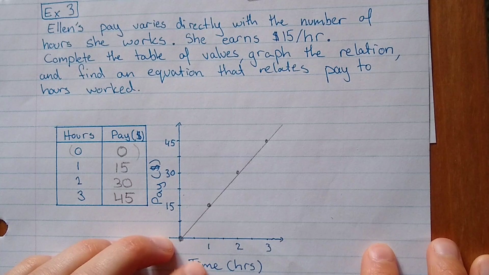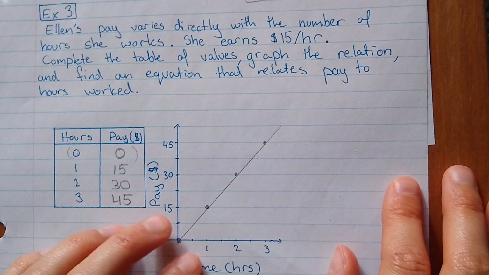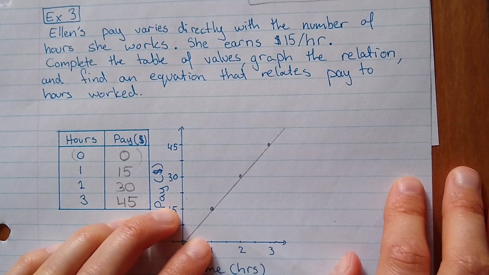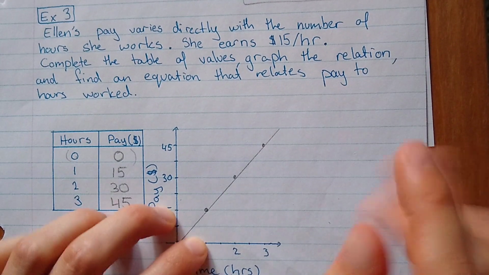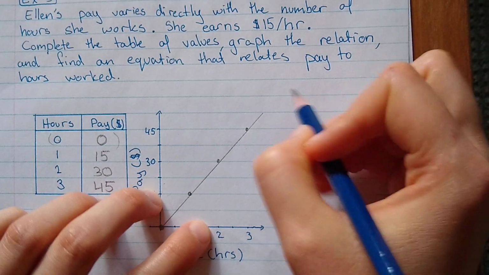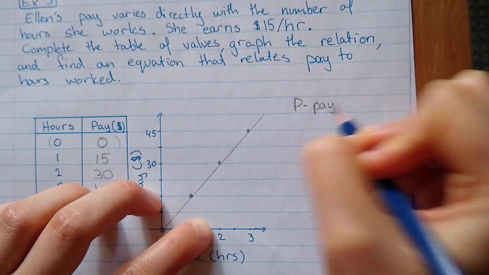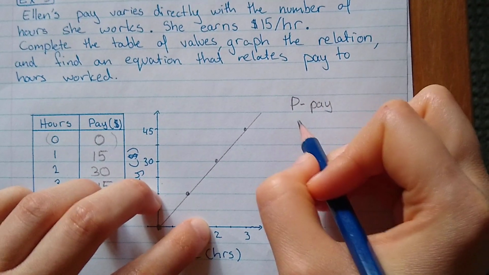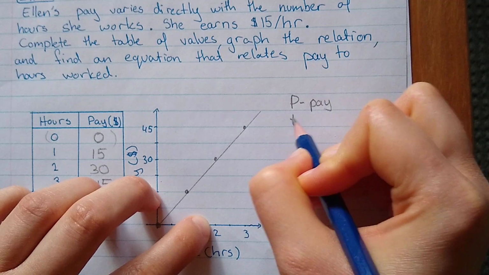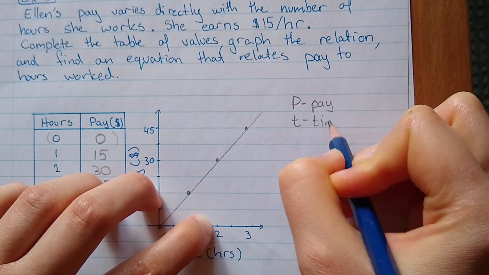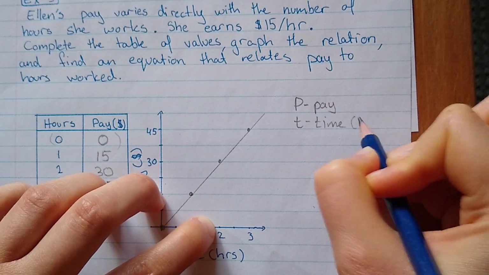So the last thing they ask us to do is find an equation that relates pay to hours worked. So for pay, I'm going to use the letter P. And for hours worked, I'm going to use T for time in hours.